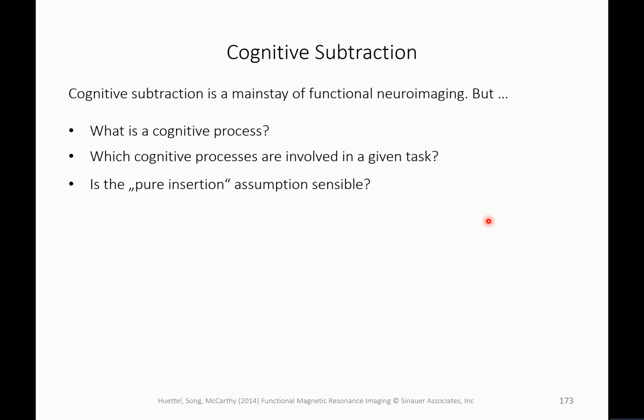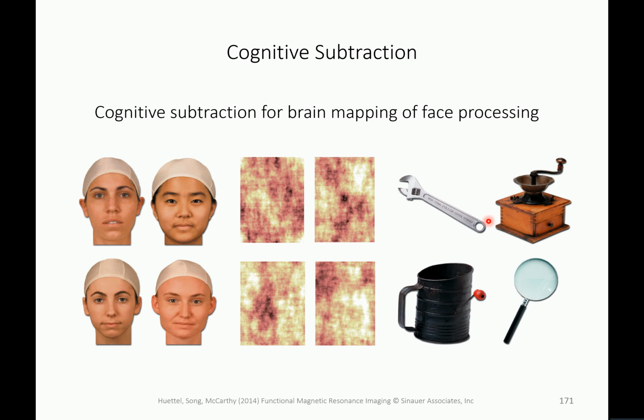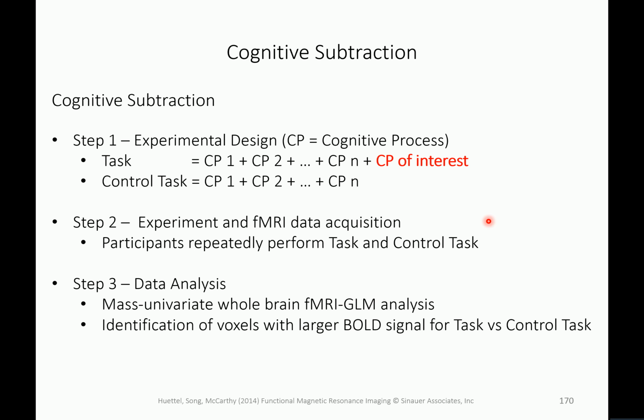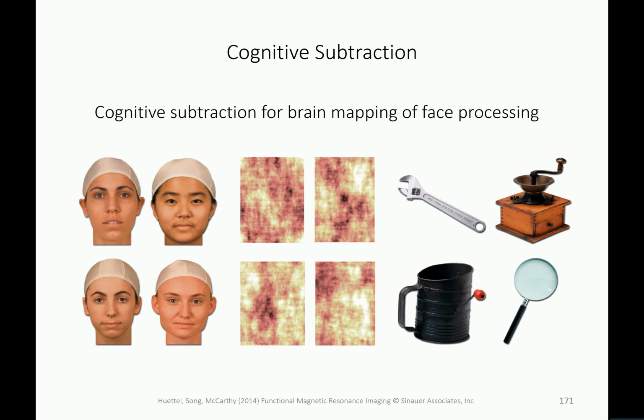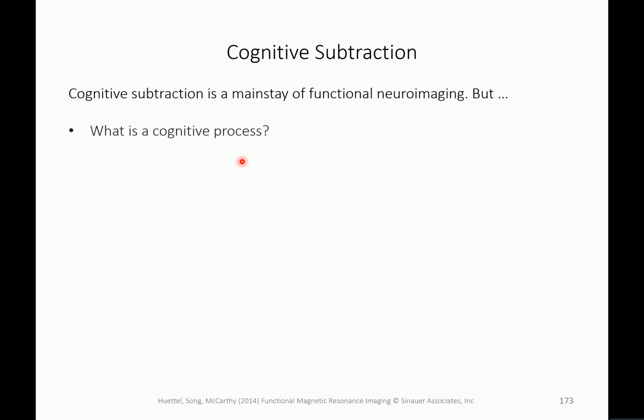One thing that one can debate is, of course, whether this pure insertion assumption is possible, so that if you add more and more cognitive processes, the other cognitive processes are not involved. For example, what people always really hope is that perceptual processes are altered if you get a reward or if you learn something that is associated with that.